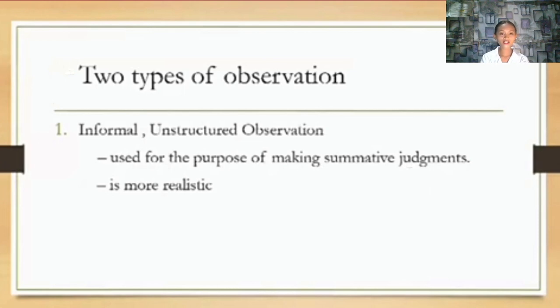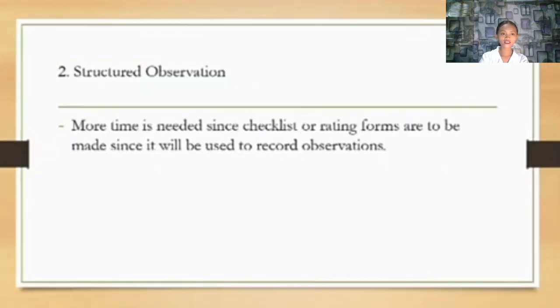Informal unstructured observation is used for the purpose of making summative judgments, and it is more realistic. While if we compare it to the structured observation, more time is needed since checklists or rating forms are to be made, since they will be used to record observations.